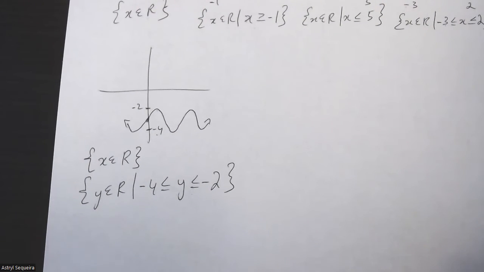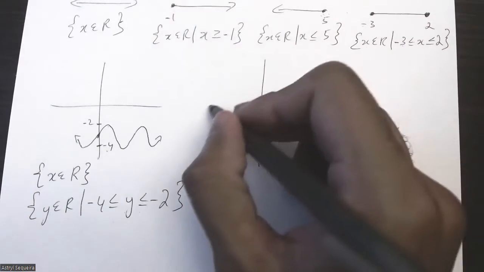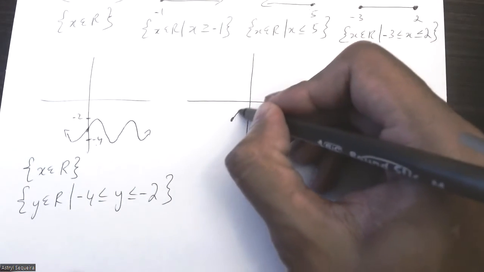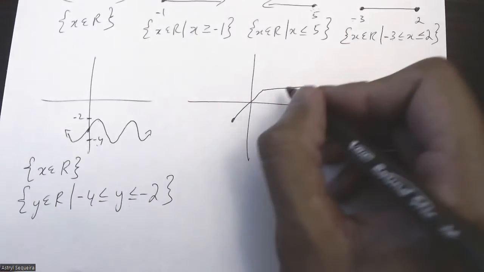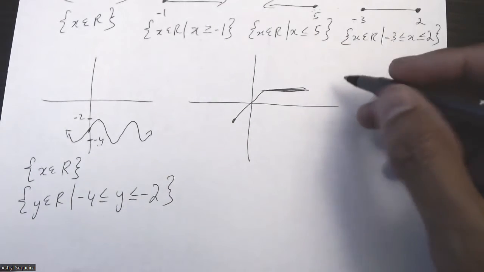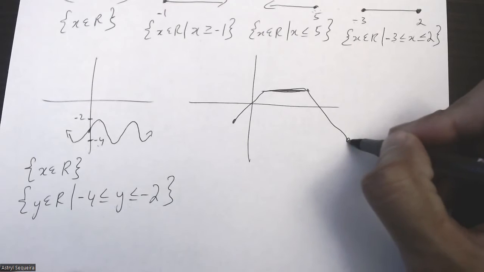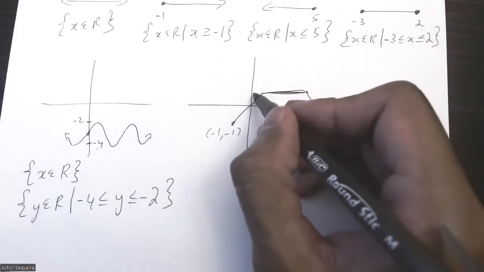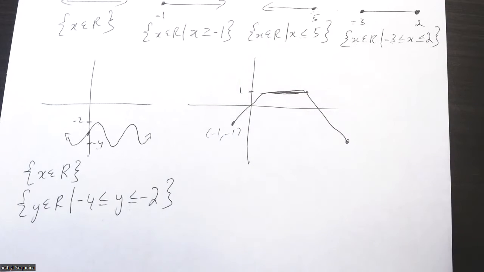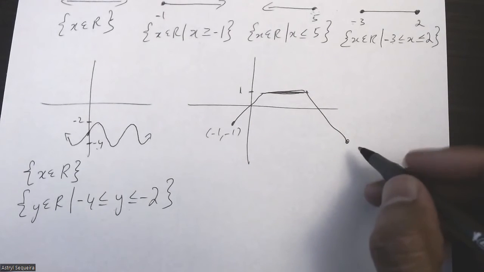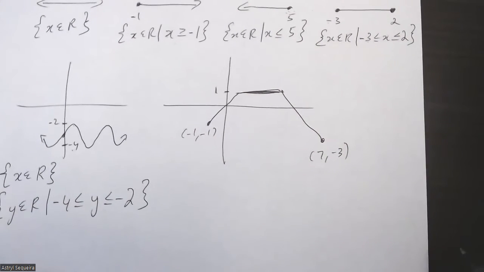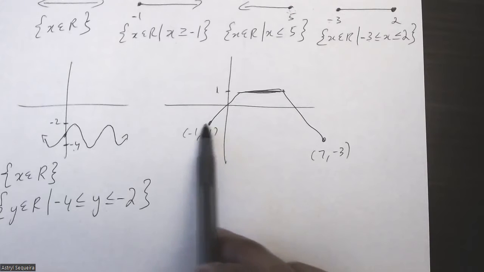Okay, let's take a look at the next question. The next question is a graph that looks, oops, that should be flat, like this. And this point over here is (-1, -1). This height over here is +1. And then this point over here is (7, -3). So in this question, first of all, there are no arrows.